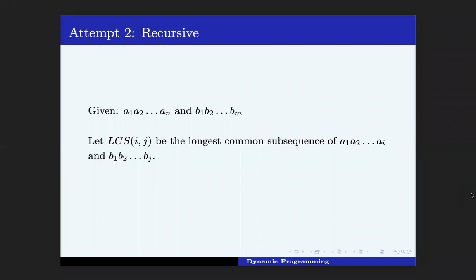Now, what can you say? Let's say that this is the longest common subsequence. I'm not writing the algorithm first, I'm trying to understand the whole thing. How are these LCS(i, j) related to each other? So what is LCS(k, 0)?